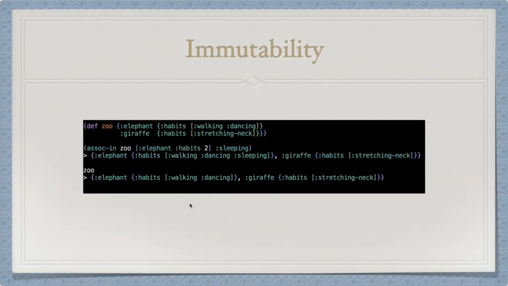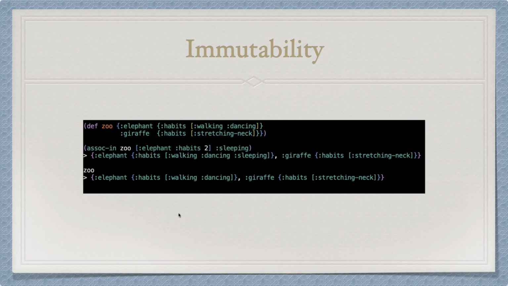And now the demo of this immutability. So when we have a map that's called zoo, we can do an assoc-in, which means that we go to the element of elephant habits and the second entry, and we can add this sleeping entry into it. That's, by the way, also very concise and interesting syntax.